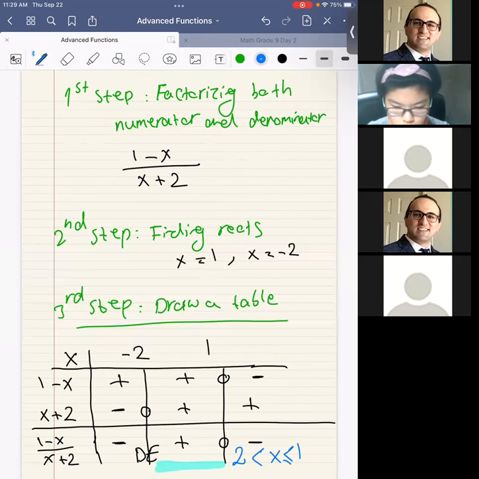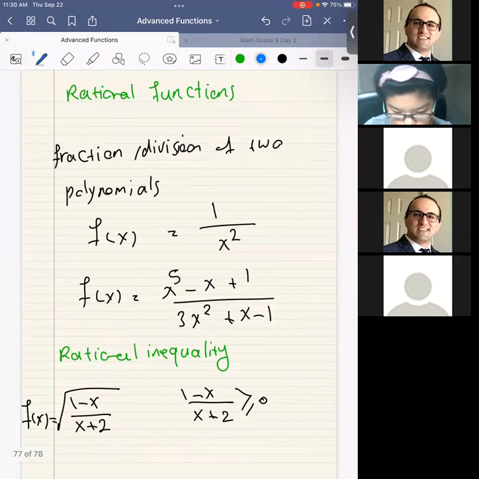Does it make sense? That's it. So basically, we solved a rational inequality in order to find the domain of a function that involves a square root and also a rational function.